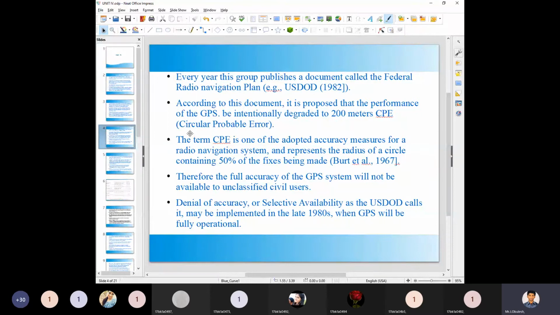This policy may be implemented in the late 1980s, when GPS will be fully operational.